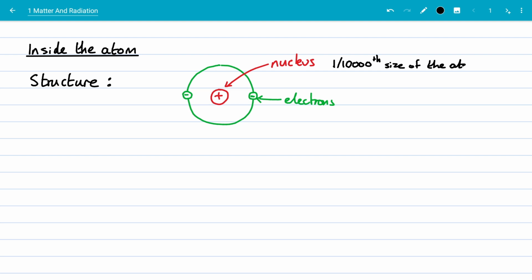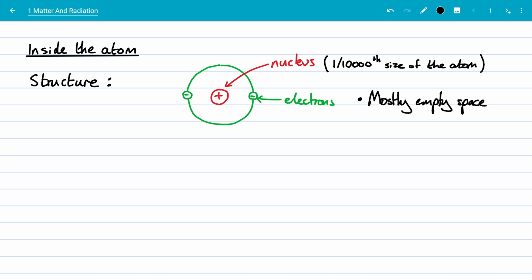It's a very small composite particle, the nucleus, just like that. So the majority of the atom is empty space. And we can talk about Rutherford's experiment a little bit later if we want to. So that's a very coarse structure, the nuclear atom.